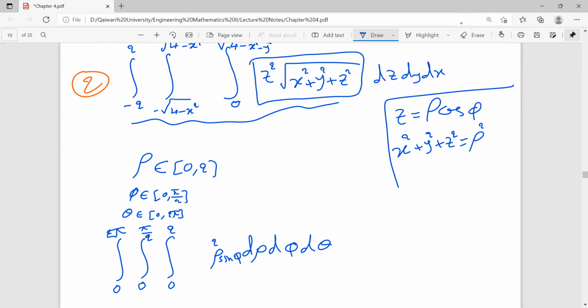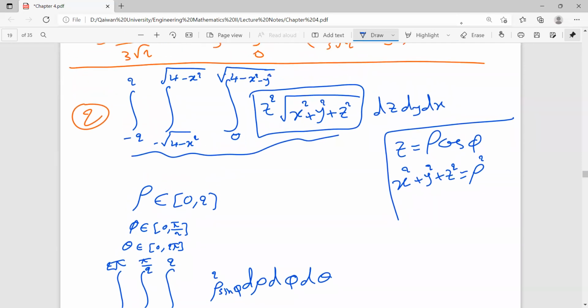We multiply by rho squared sine phi, as we did in cylindrical coordinates, where we said we multiplied by r. We said dx dy is r dr d theta. And here also, dx dy dz equals rho squared sine phi d rho d phi d theta.